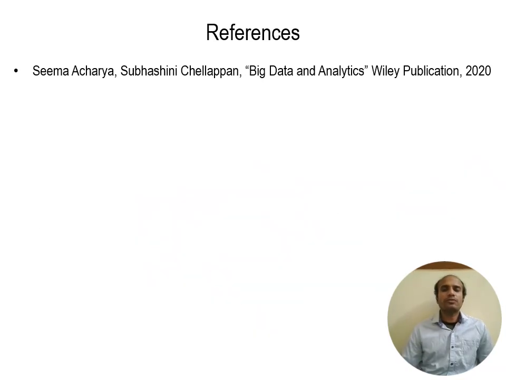With that, we come to the end of this particular session on other modules of the Hadoop ecosystem, wherein we discussed NoSQL databases, Sqoop, Flume, Oozie, and Zookeeper, and how they add value to this Hadoop ecosystem.